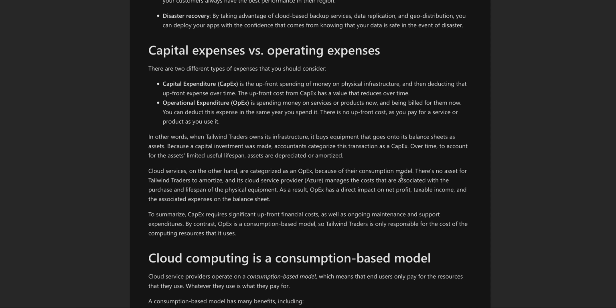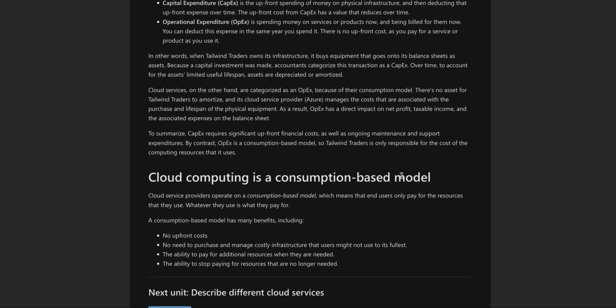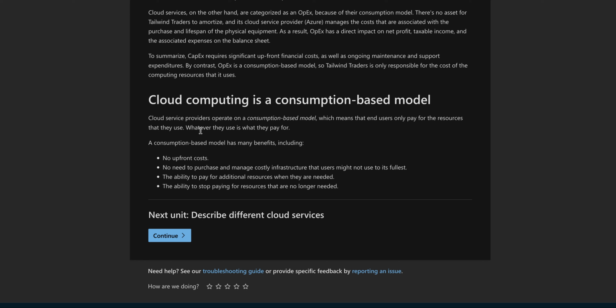And when we talk about cloud services, they are categorized as OPEX, which is an abbreviation for operational expenditure, because of the consumption model. So there is no asset for Tailwind Traders to amortize, and its cloud service provider Azure manages the costs associated with the purchase and lifespan of the physical equipment.